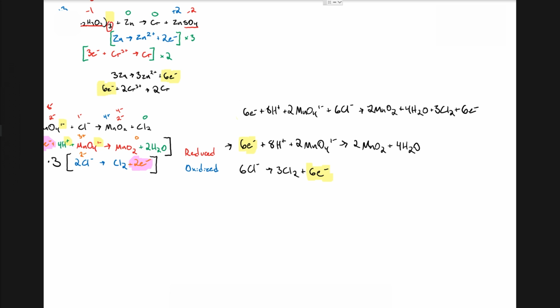And that is our total final balanced equation under acidic conditions.